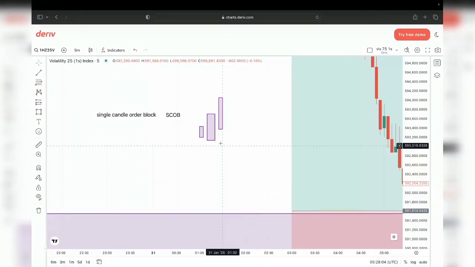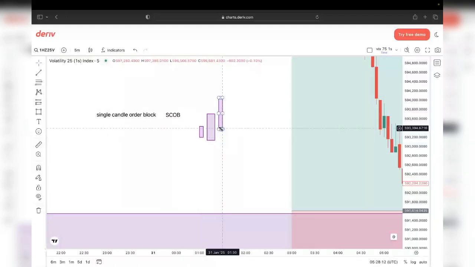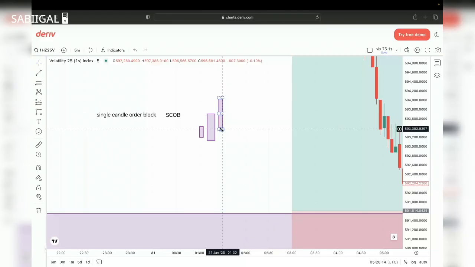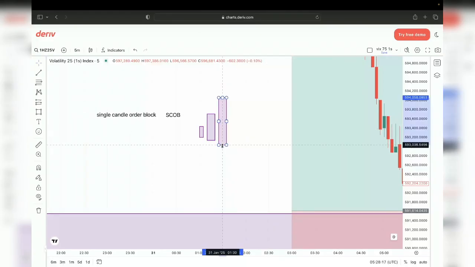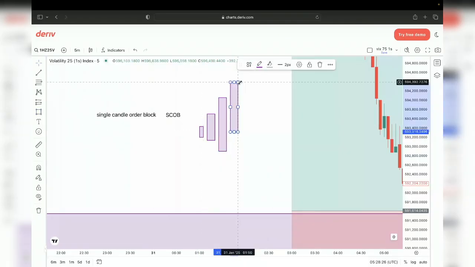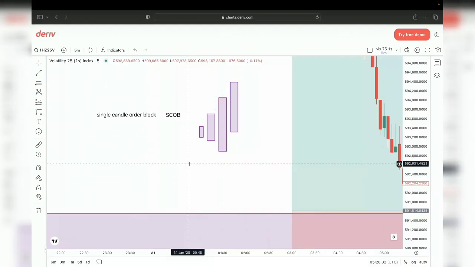This candle should close below another candle, and once this candle closes below another candle, no candle has to close below it again. If this candle should be a single candle order block, no candle has to close below it again, because the moment another candle closes below it, they were looking out for this candle as a single candle order block once another candle closes above it. So if a candle should be a single candle order block, once it closes below another candle, no other candle should go below it. It's invalid.